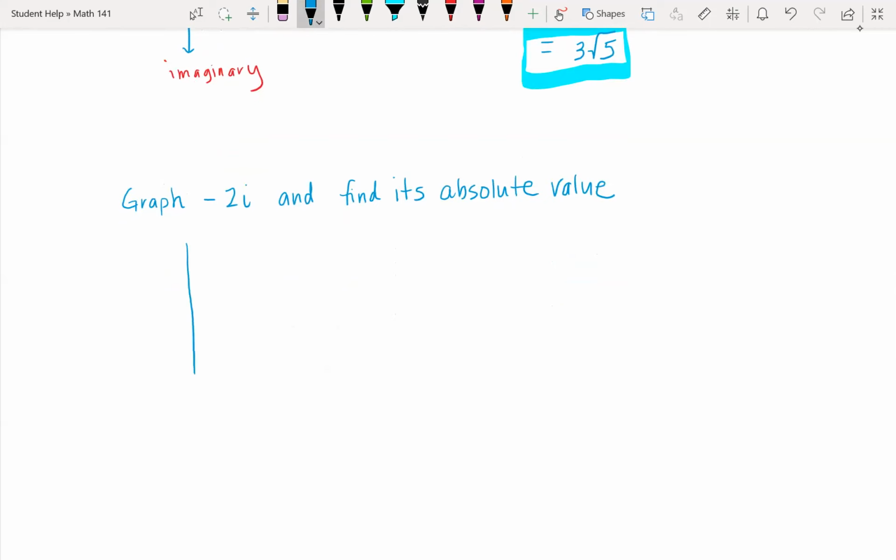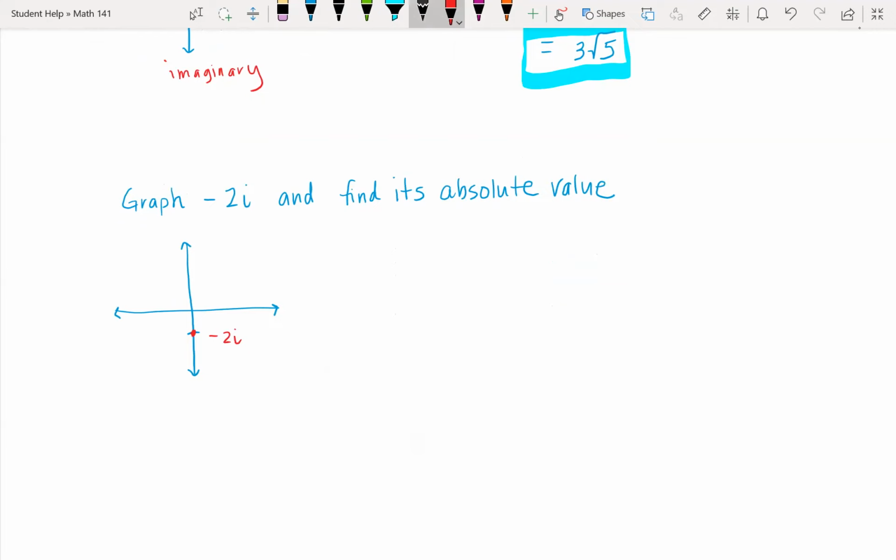Because negative 2i is strictly an imaginary number, it's going to be on one of the axes. If I count by 2's, negative 2i is going to be down here. Positive imaginary numbers will go up the y-axis and negative are going to go down.